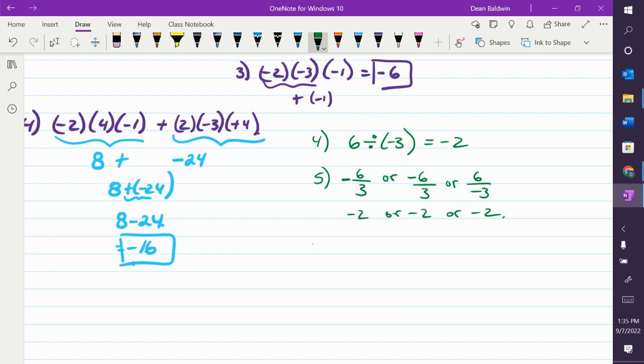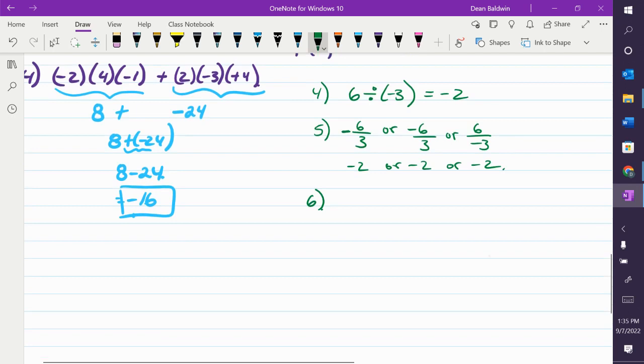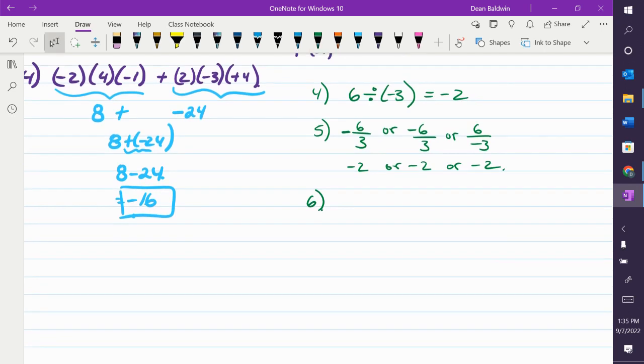All right. Last example. Let's do negative 8 times negative 9 divided by 3 times negative 4.